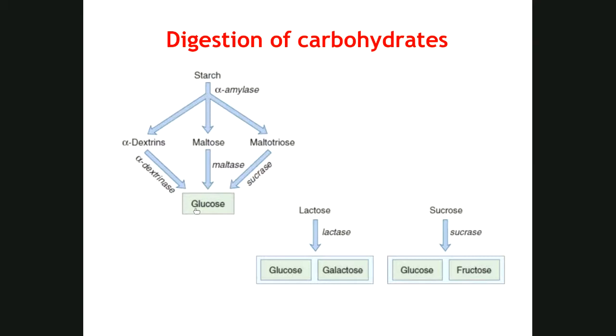We have another disaccharide like lactose. Lactose is the milk sugar, and lactase is a disaccharidase like maltase, a disaccharidase enzyme released by the intestinal mucosa breaking down the lactose into glucose and galactose. Both of these are monosaccharides, but with different chemical structure.